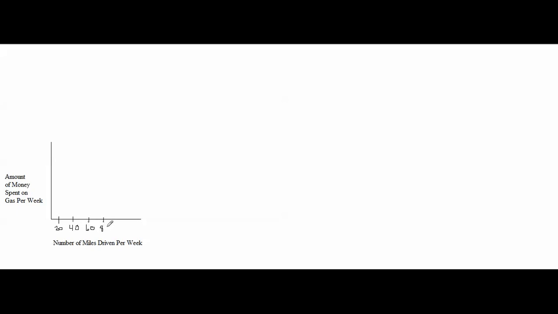But let's just say that these are our tick marks. And maybe for amount of money spent on gas, we're using tick marks of $10. So maybe 10, 20, 30, 40.